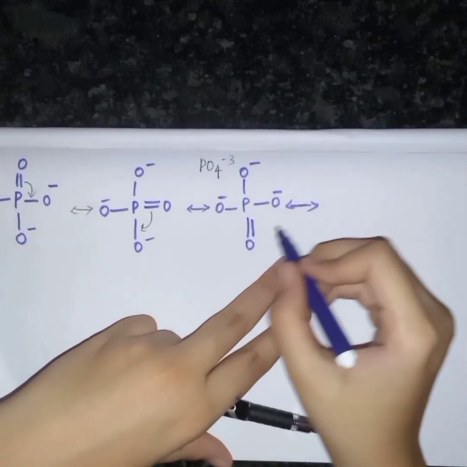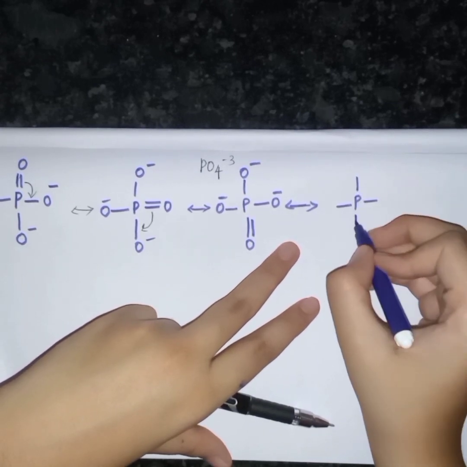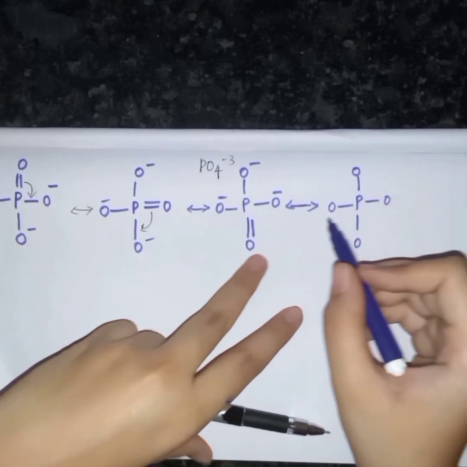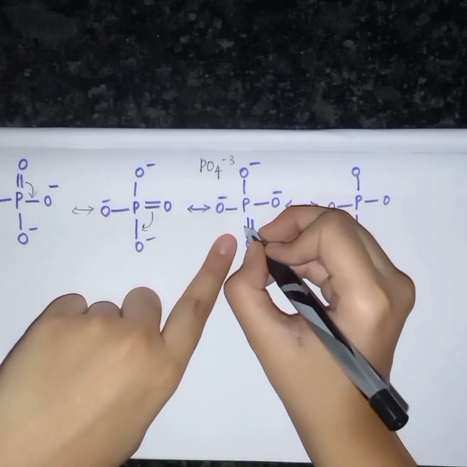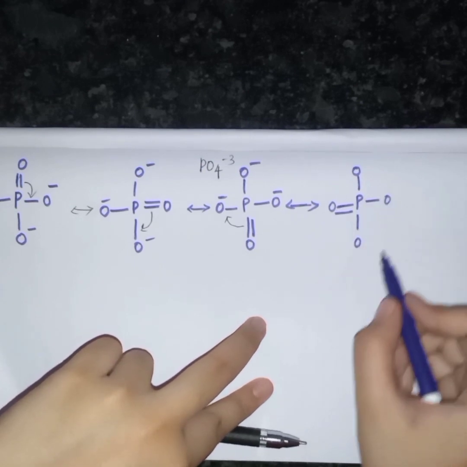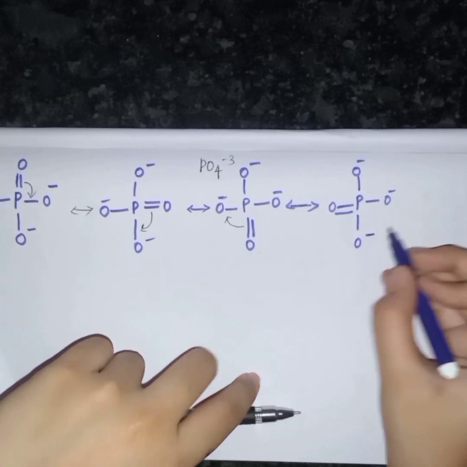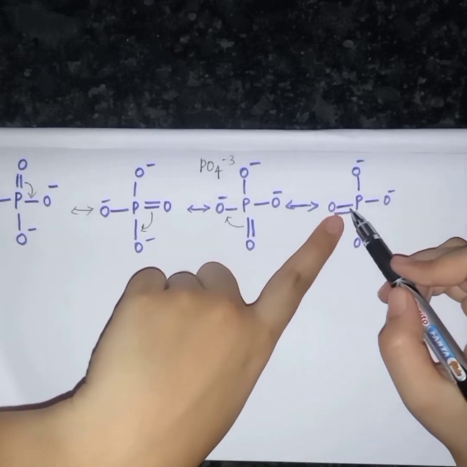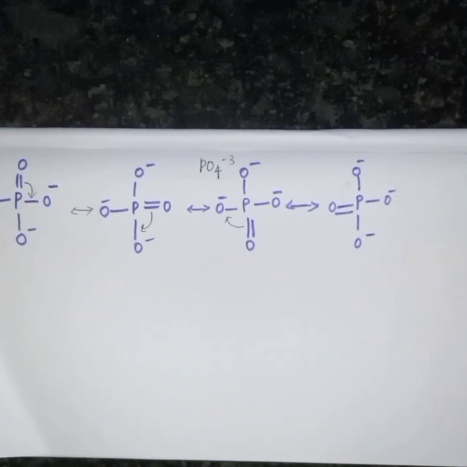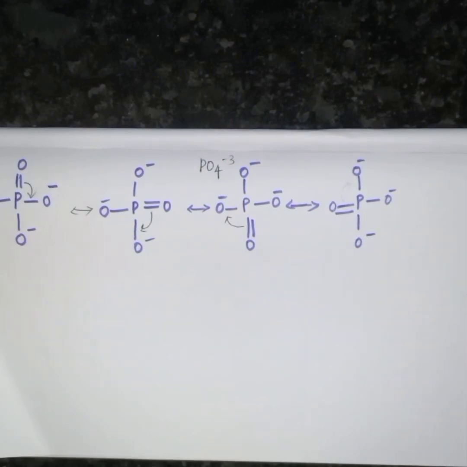In the next structure, the pi bond shifts again, with the negative charge on the remaining 3 oxygen atoms. If this pi bond shifts from this place to this place, we will again get the first structure. So PO4 3- is having 4 resonating structures.